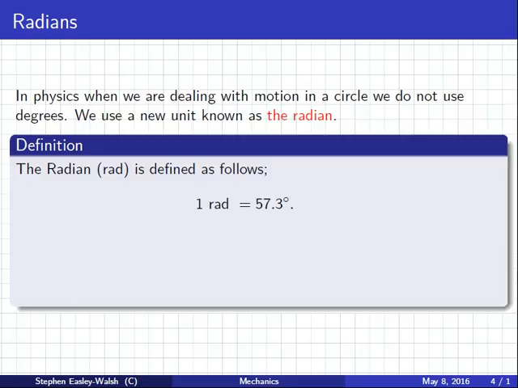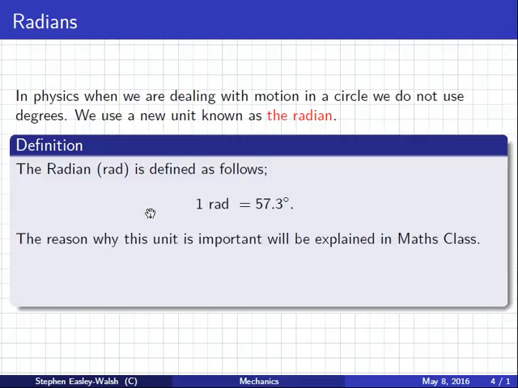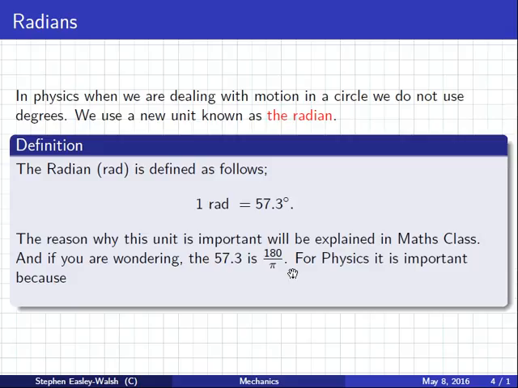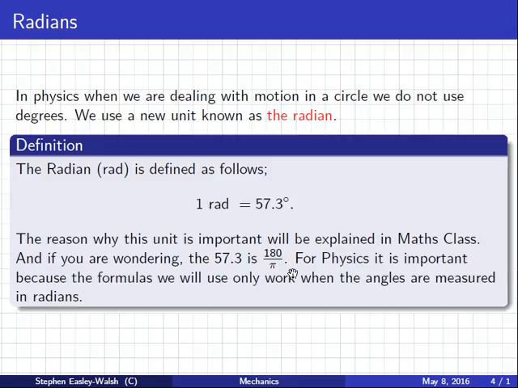The reason why this unit is important will be explained in the math class. And if you're wondering, the 57.3 is in fact exactly 180 divided by pi. For physics, it is important because the formulas we will use only work when the angles are measured in radians.